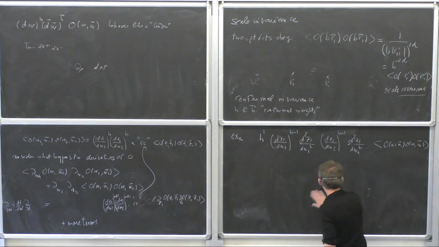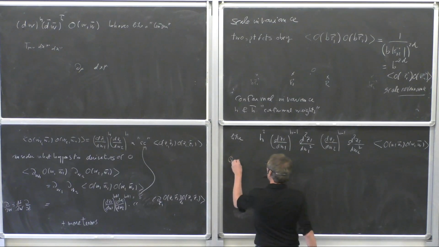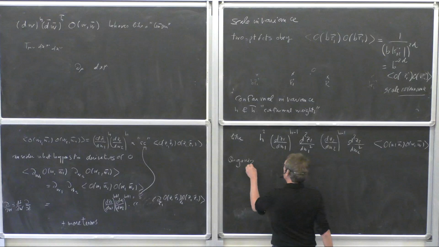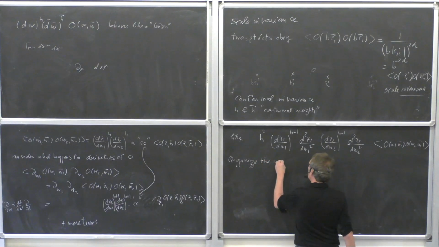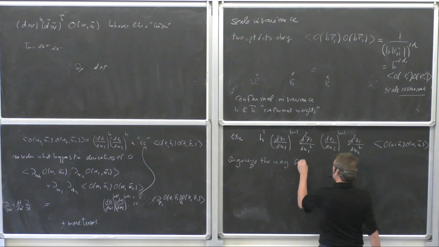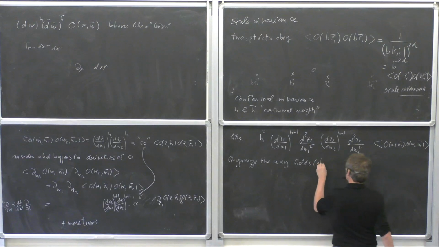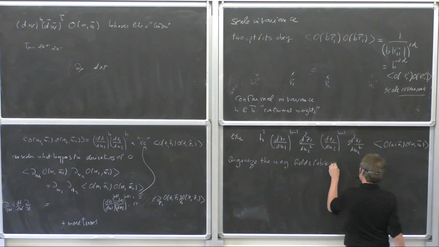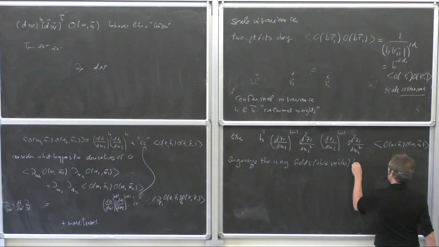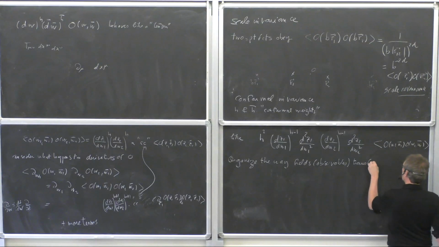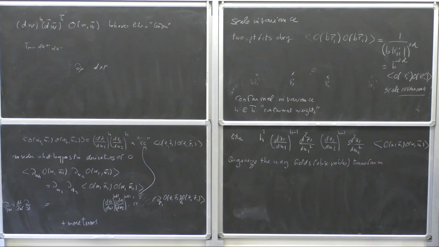So there is a mess in there, and a way to organize the mess, organize the way fields or observables, I use these two words really equivalently, transform. And this is where the algebra comes in.